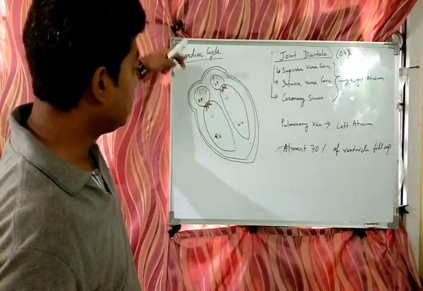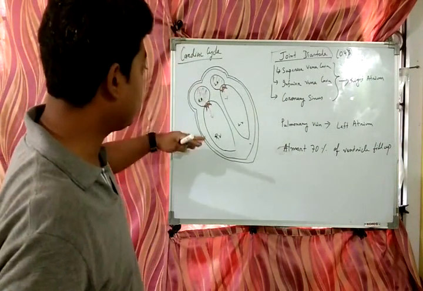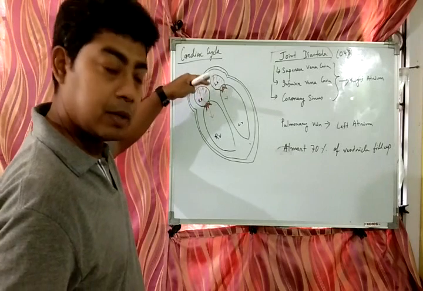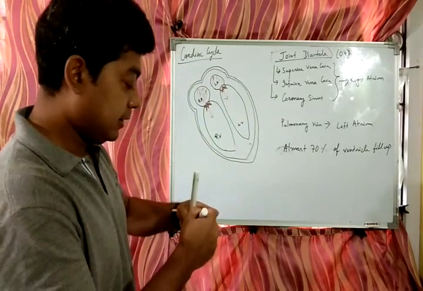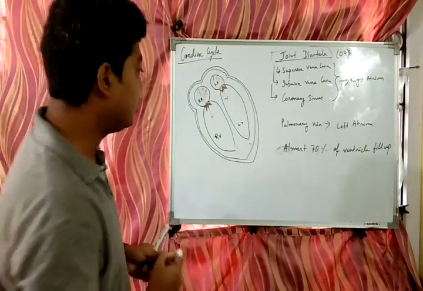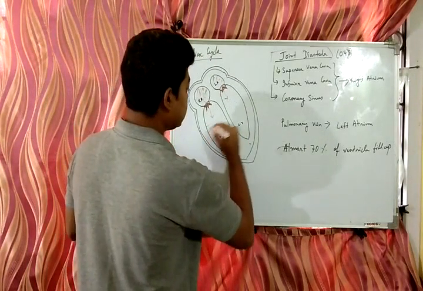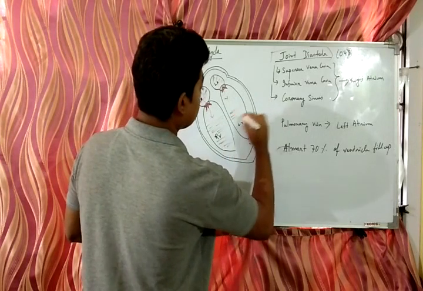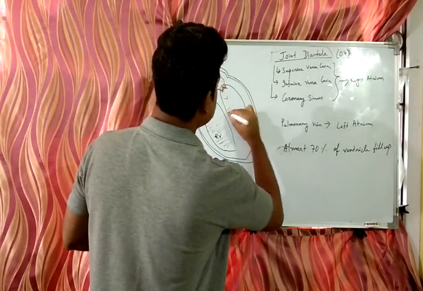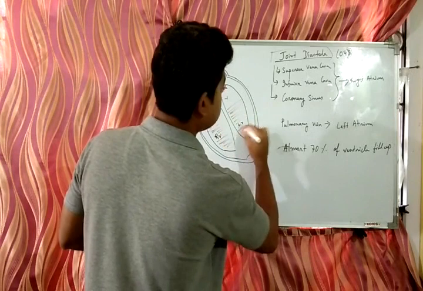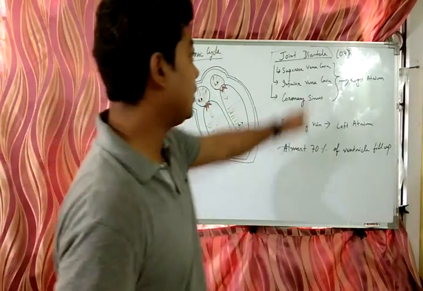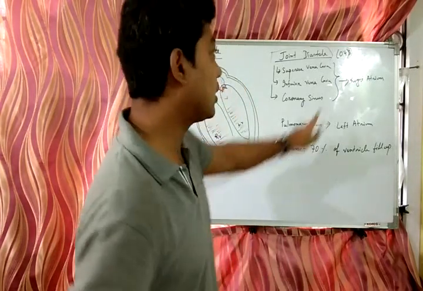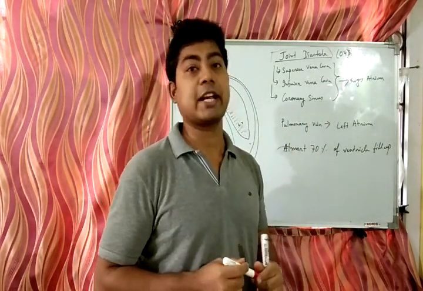That means the blood passively coming from the right atrium as well as the left atrium fills almost 70% of the ventricle. At which condition? At joint diastole, and that occurs for 0.4 second.